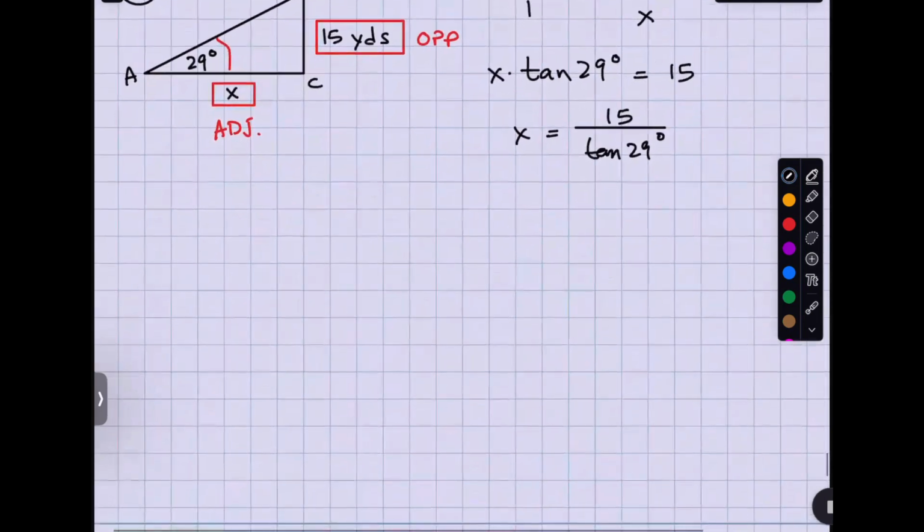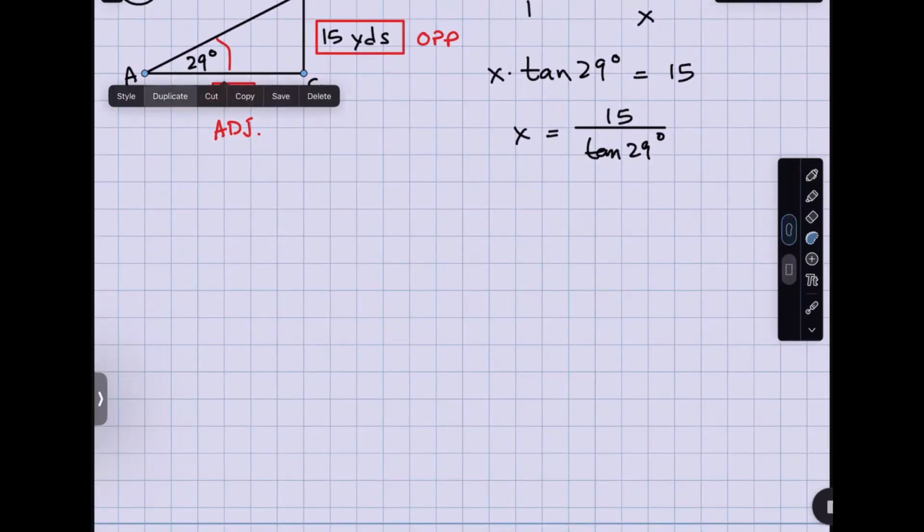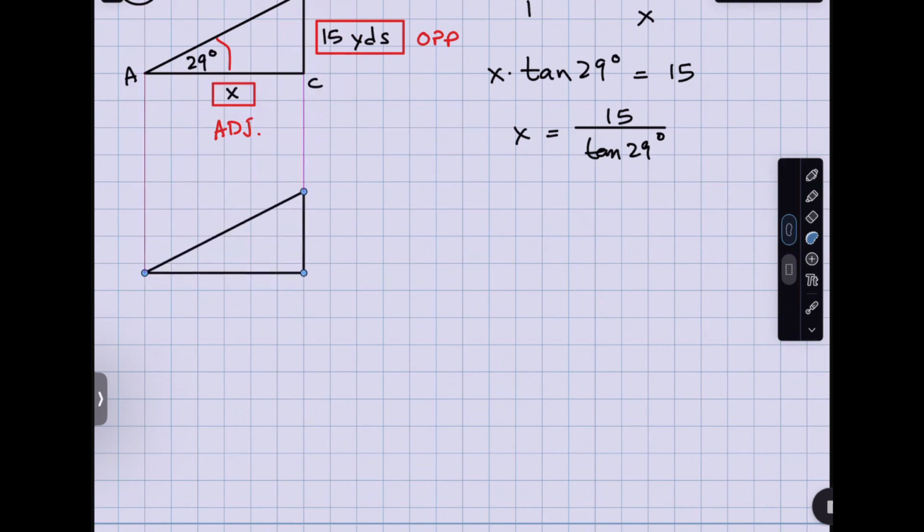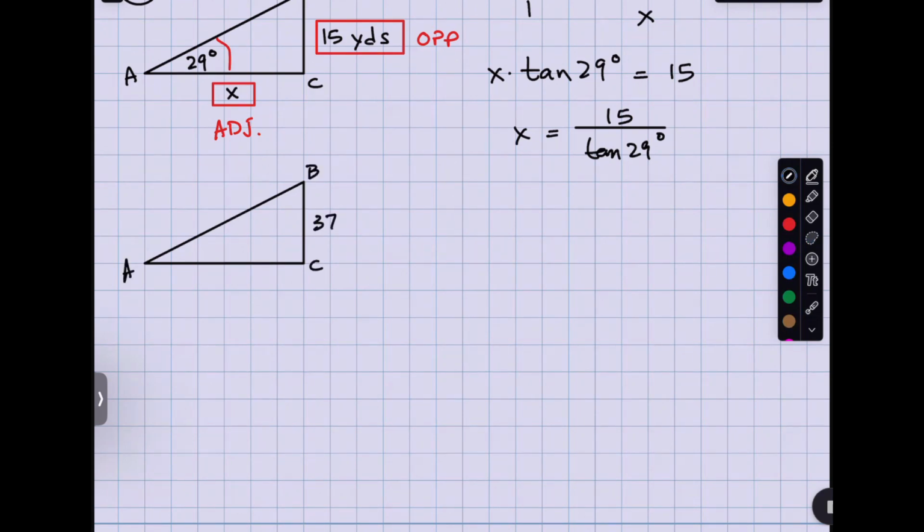So let's say this is find angle A. So again, here's my angle A. What am I provided with?